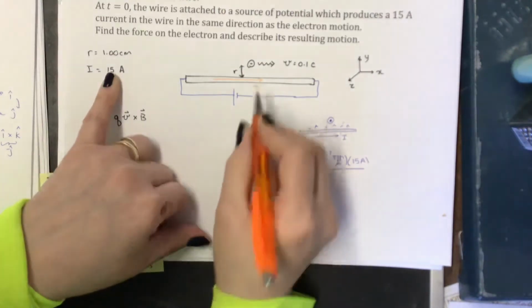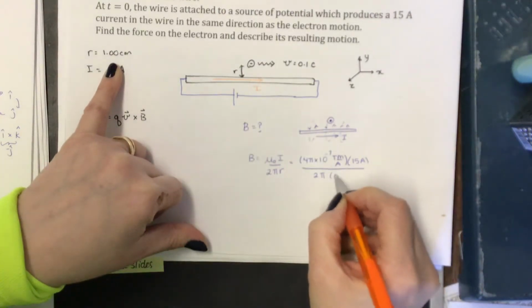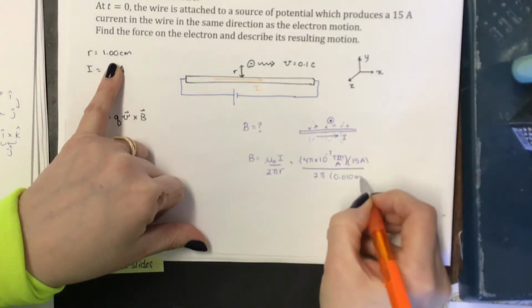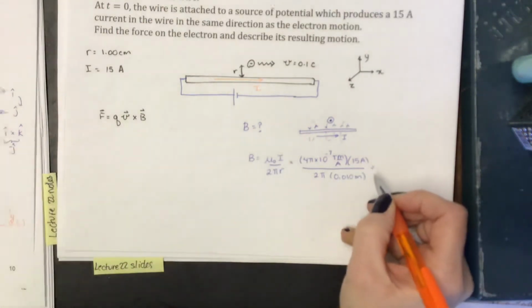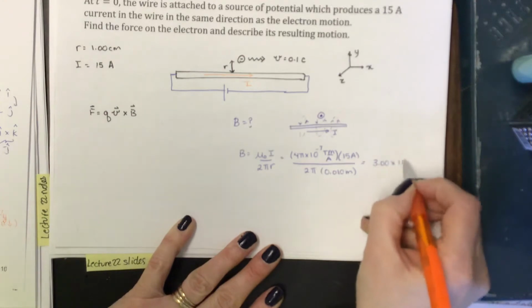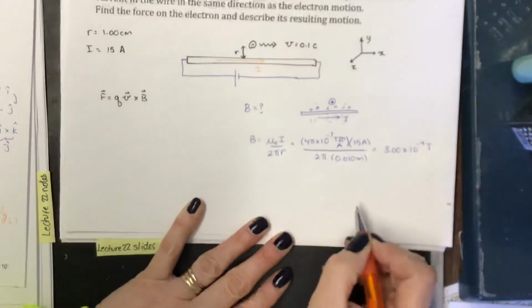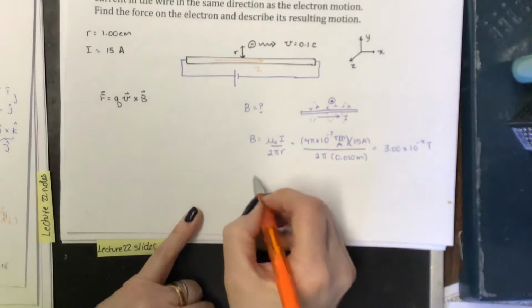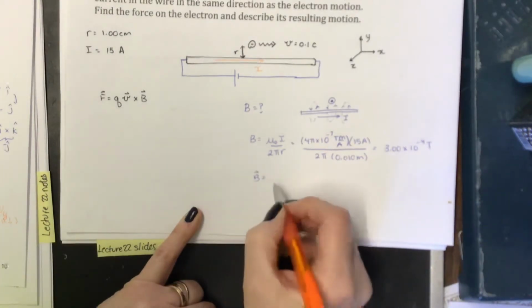Put that in meters. And we get the strength of our magnetic field is 3 times 10 to the minus 4 teslas. There's the size of the field. Field, of course, is a vector, so we'll write the magnetic field as a vector, which is out of the page, or k hat.